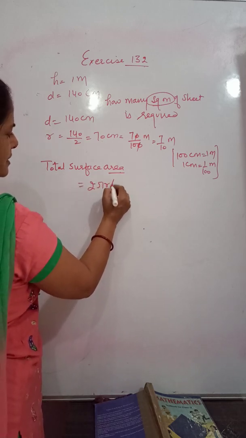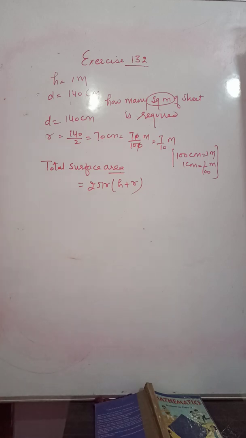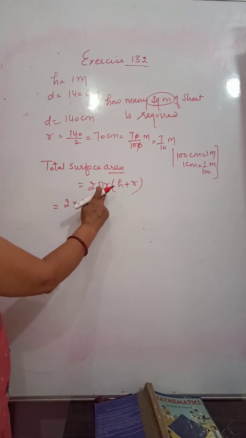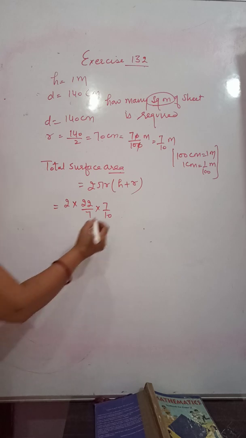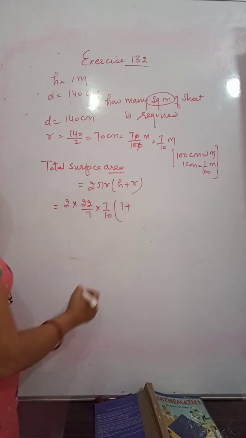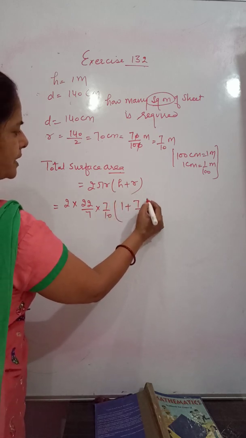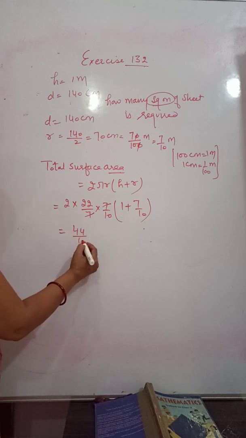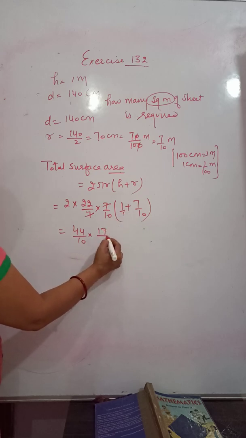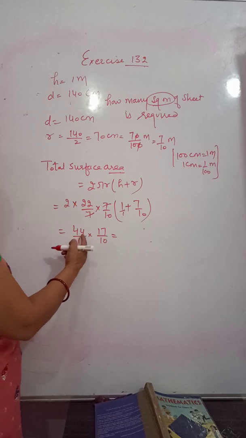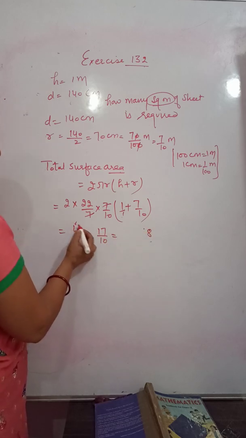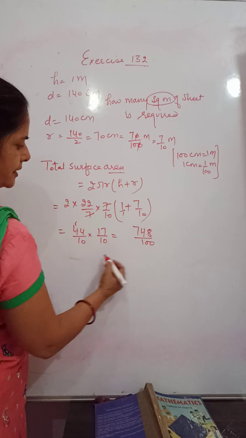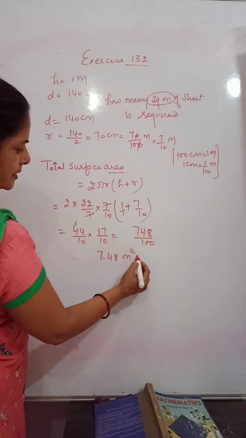It is 2 pi r bracket h plus r. 2 pi is 22 upon 7, r is 7 upon 10, bracket h is 1 plus r is 7 upon 10. 7 gone, it will be 44 upon 10 into 17 upon 10. 17 fours are 68, 6, 17 fours are 68 and 4, 748 upon 100, it comes out to be 7.48 meter square.